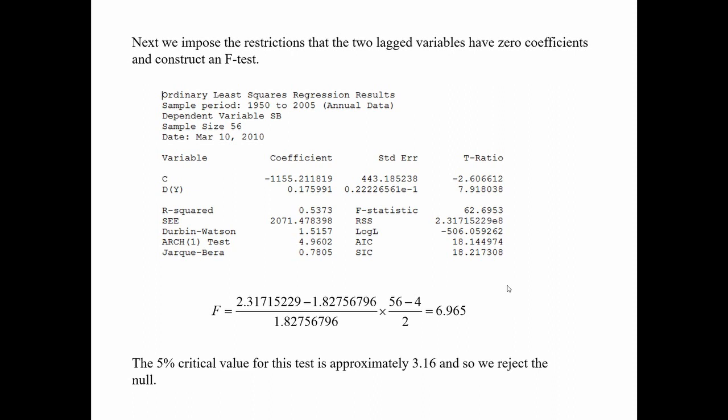So this points out one of the pitfalls of general to specific modelling. It's dangerous to impose too many restrictions all at once. The best strategy is to go through gradually and impose restrictions one at a time until we end up with the model that we settle for.